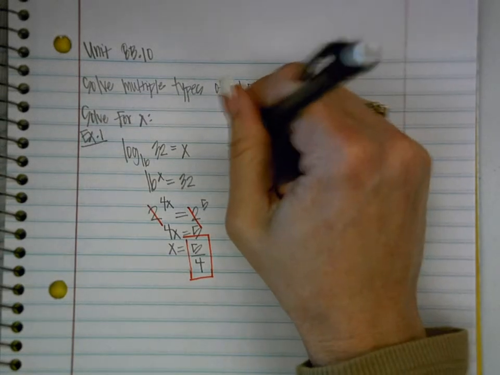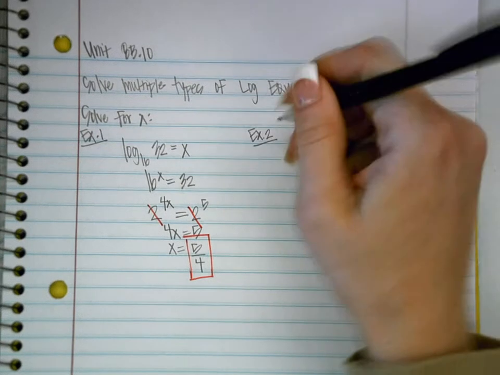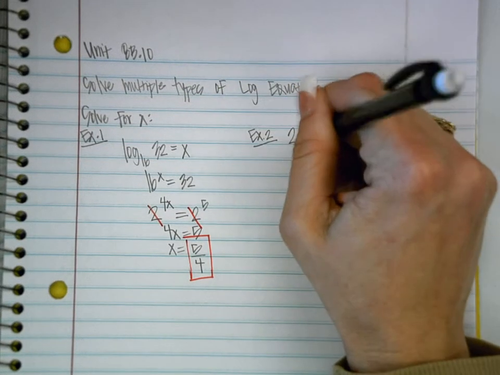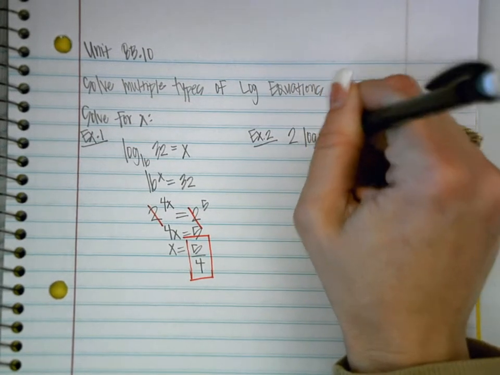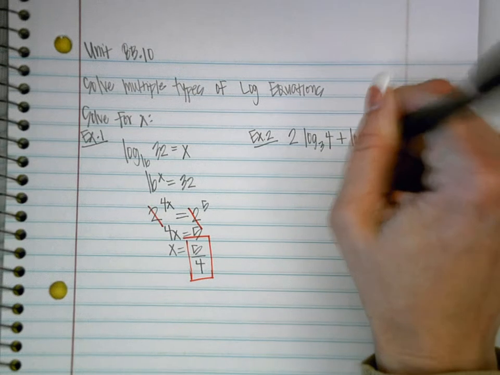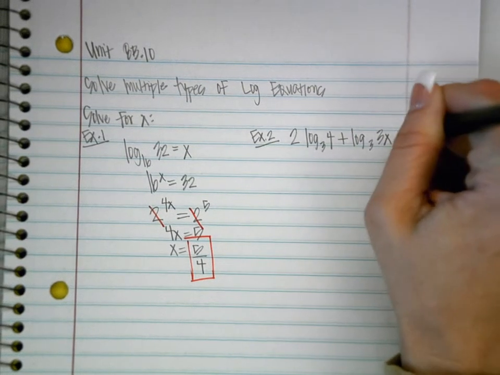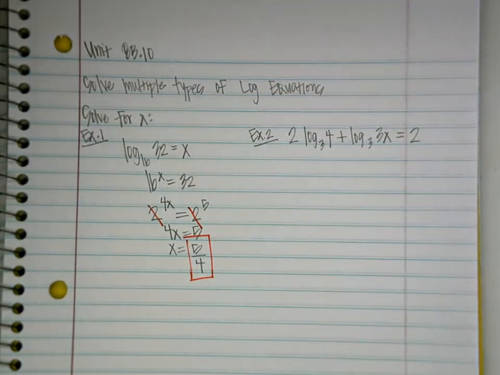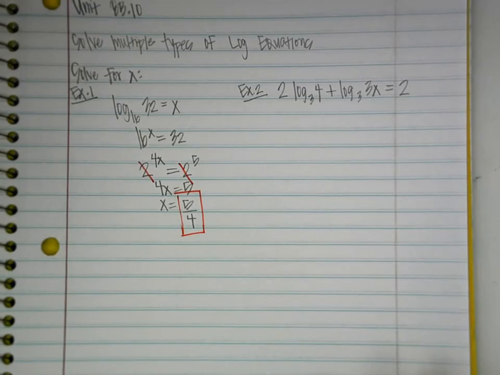Okay, next one, number 2. For example 2, I'd like you to solve 2 times log base 3 of 4 plus log base 3 of 3x equals 2.